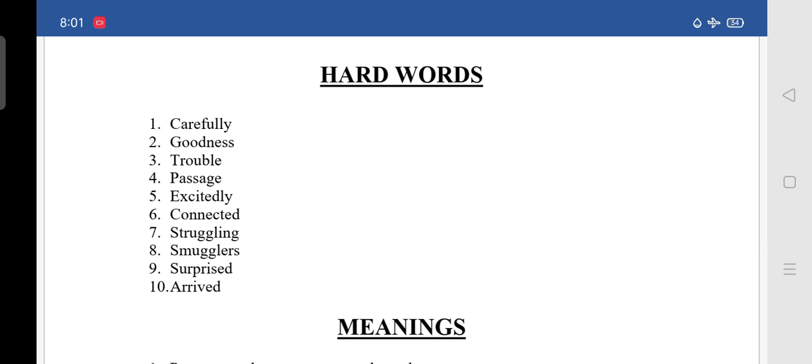There are some hard words. First one is carefully, second is goodness, third is trouble, fourth is passage, fifth is excitedly, sixth is connected, seventh is struggling, eighth is smugglers, ninth is surprised, tenth is arrived.